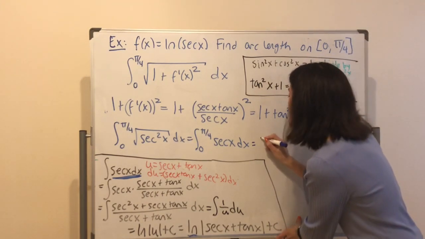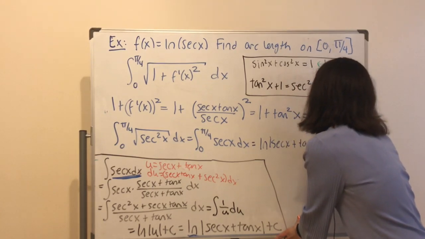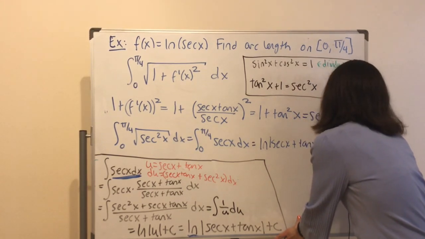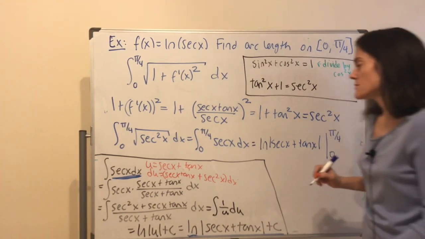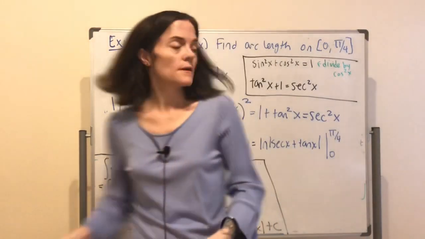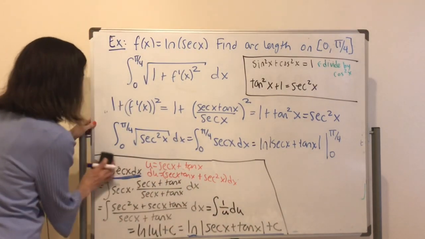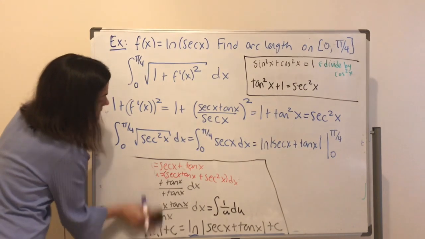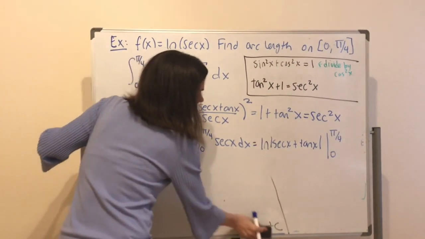Well, this would be ln absolute value of secant x plus tangent x evaluated between 0 and pi over 4. And now we need to think about these two things. Maybe at this point I will erase this box just so I have the space to finish my problem.